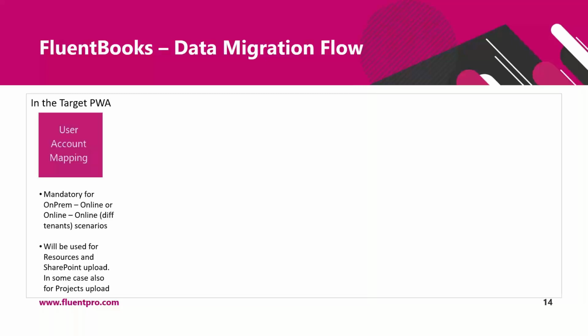During upload of the SharePoint content, if the account mapping is not provided and the user with the source login account is not found in the PWA, either the migration account will be used for things like created by, modified by, or the field will be left empty, for example, assigned to field.